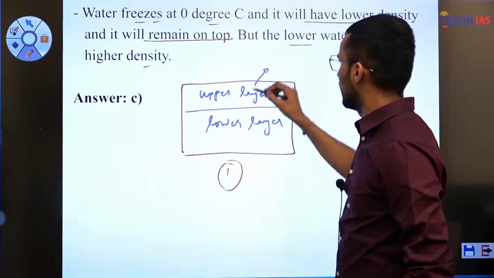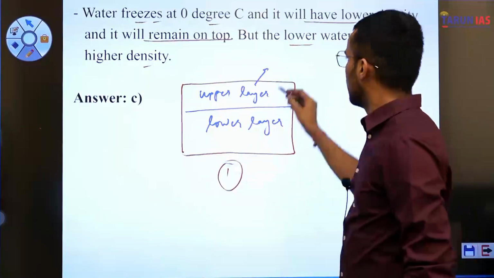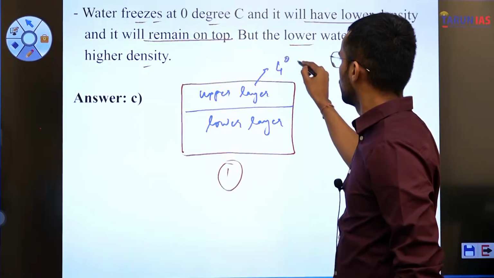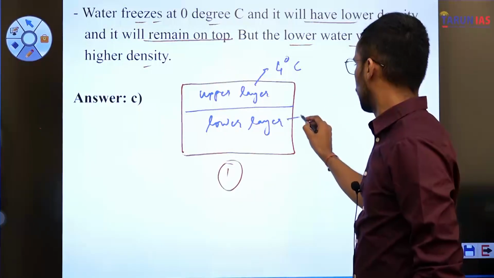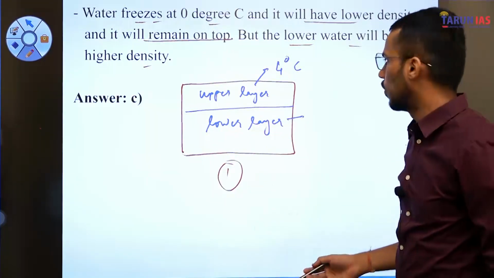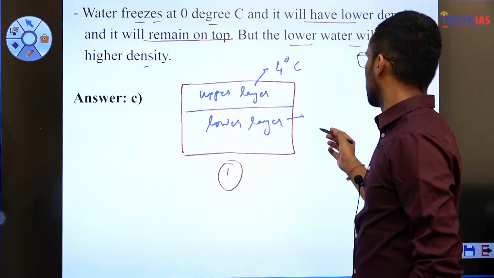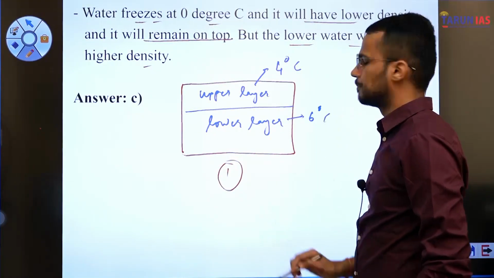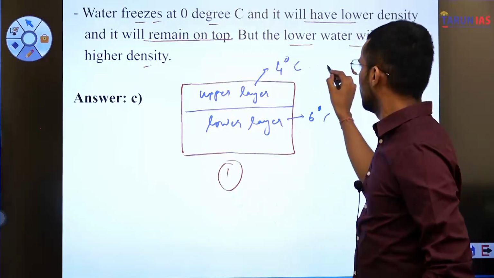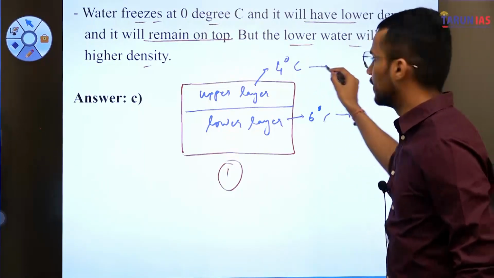And this upper layer, let's consider its temperature has reduced to 4 degrees Celsius now, right? And this lower layer of water is at, let's say, 6 degrees Celsius, right? So density will be higher for this upper layer.